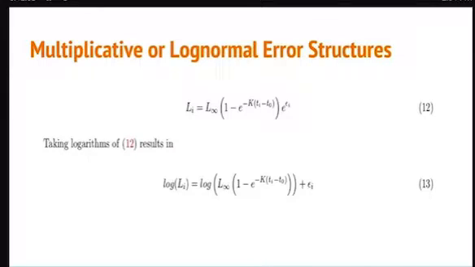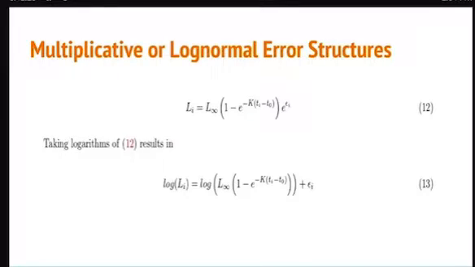If you take a look at equations 12 and 13, they are not the same. In one, error enters the model multiplicatively. In the other, error enters the model additively. Which model am I talking about? The Bertalanffy growth model.